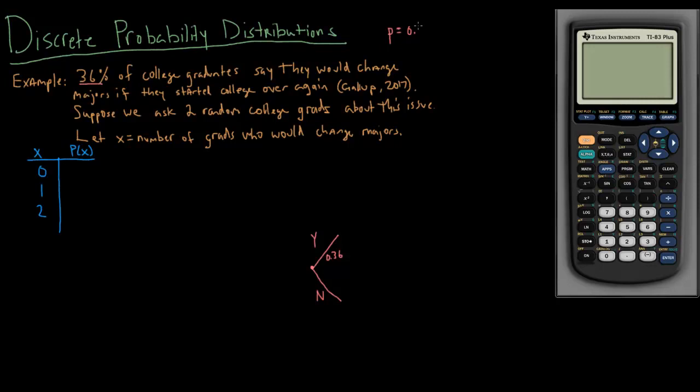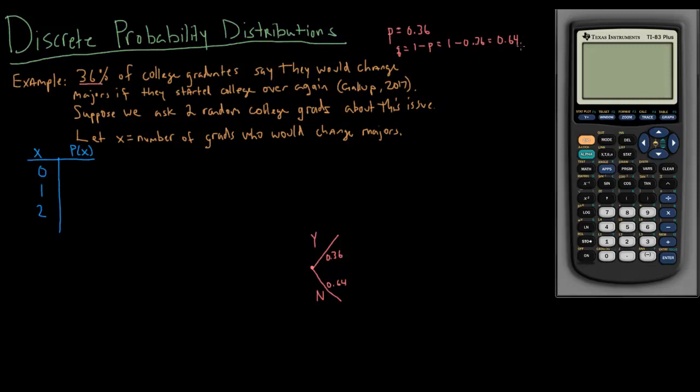So 0.36, and we call Q the probability of failure, which is 1 minus P, which is 1 minus 0.36, which of course is what? 0.64. So the probability of somebody saying no, they're happy with their major, is 0.64. Okay, let me fix that. That's a little messy there. Let's fix that.